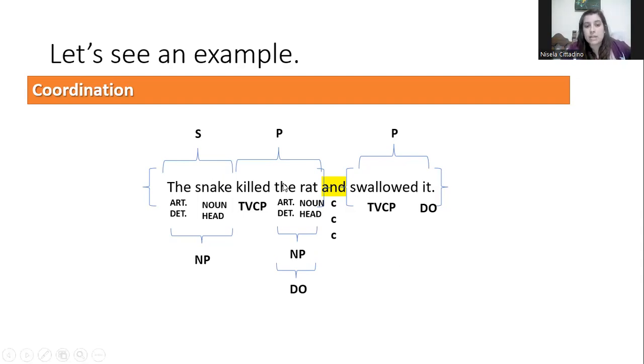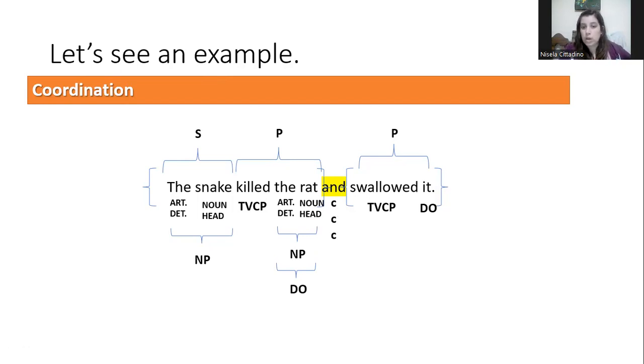The snake killed the rat. The snake is the subject, killed the rat is the predicate. The snake is the noun phrase, killed is a transitive verb of complete predication, the rat is a noun phrase that functions as the direct object. And I'm going to write CCC, which is cumulative coordinating conjunction.